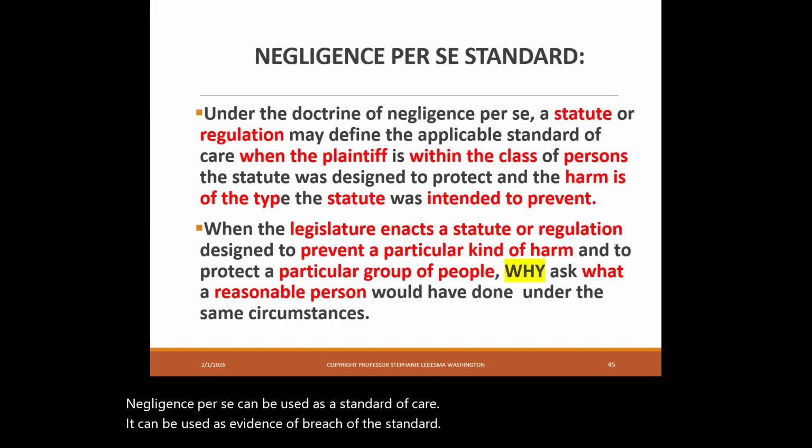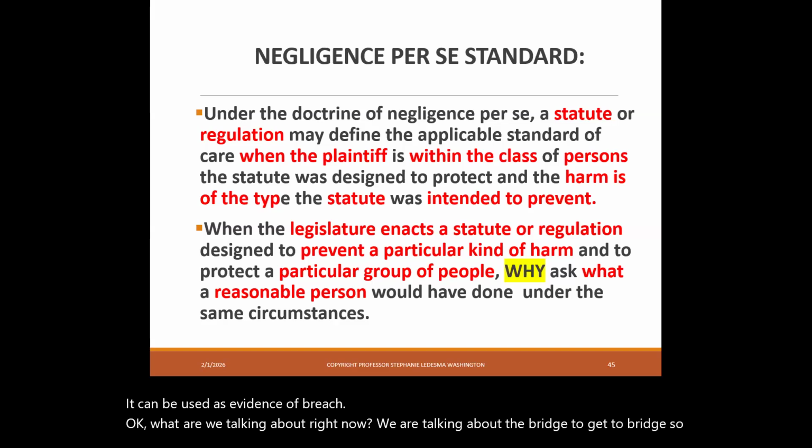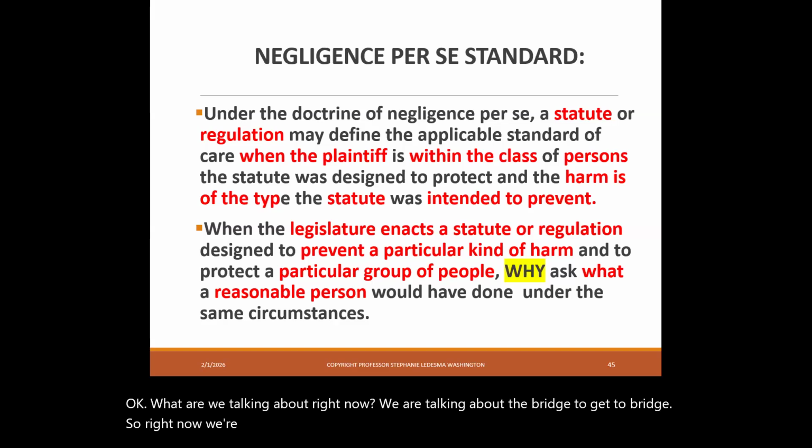Okay, what are we talking about right now? We are talking about the bridge to get to breach. So right now, we're focused on negligence per se as a standard of care.